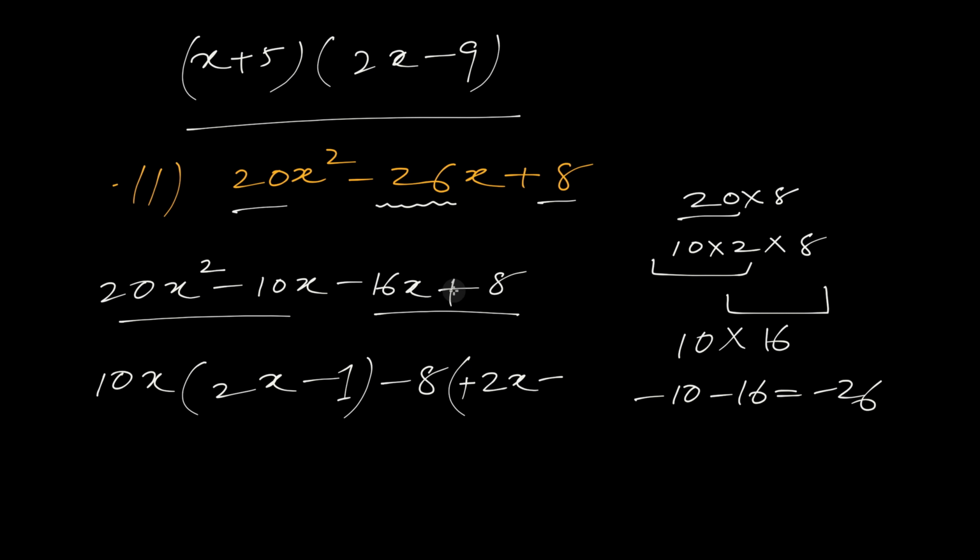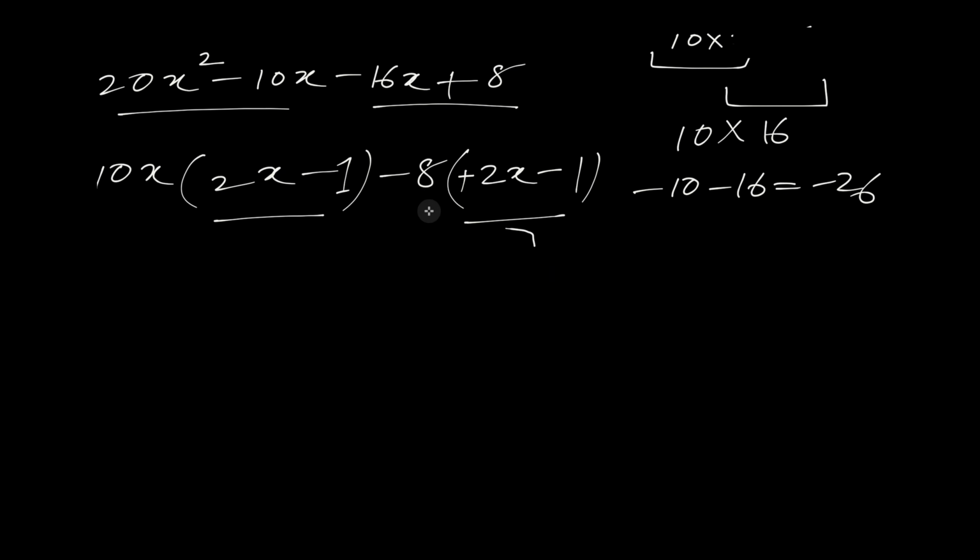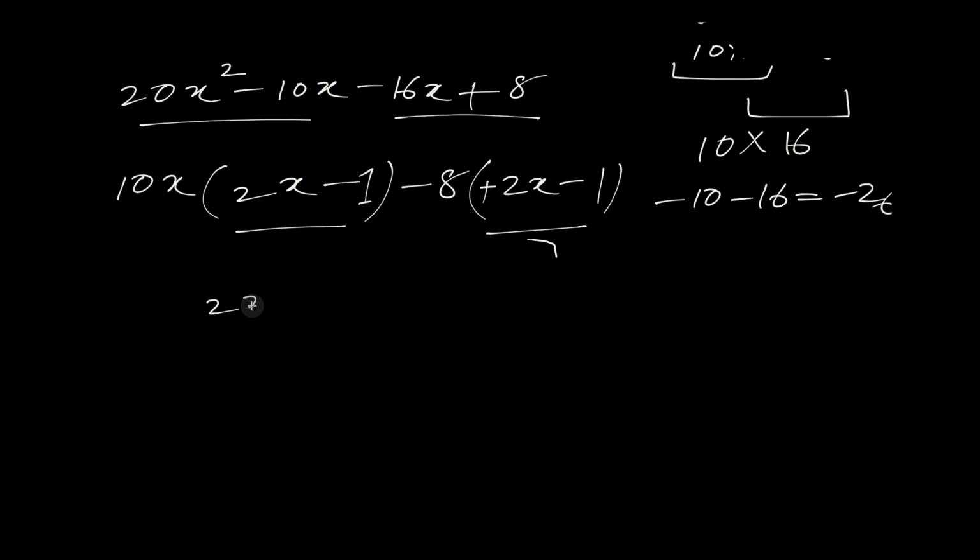Because minus into minus is plus, and 8 divided by 8 is 1, so these are the same thing. Now we take 2x minus 1 one time, and the remaining is 10x minus 8.